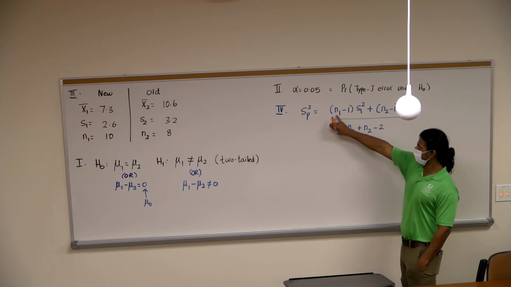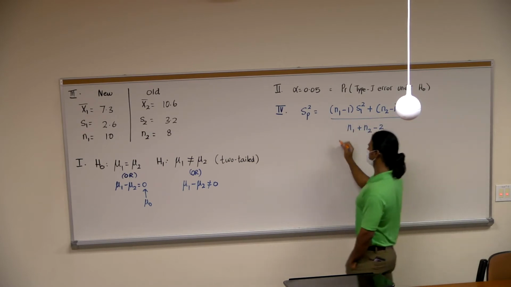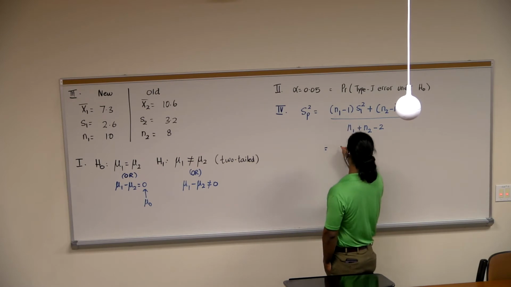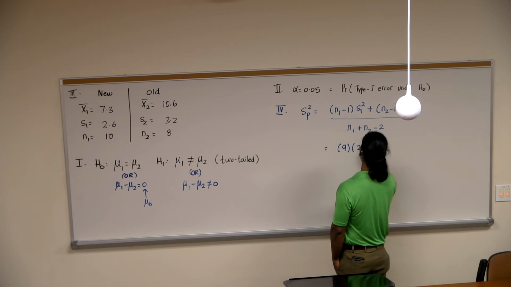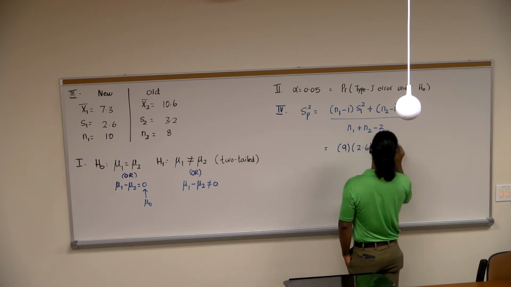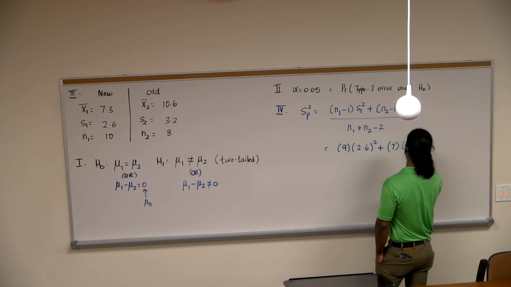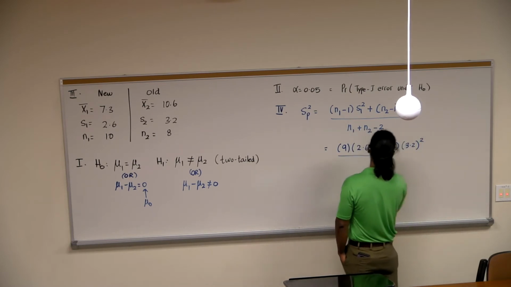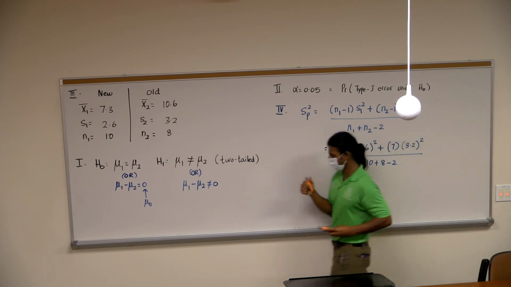Do we know the value of n1? n2? Yes. So 10 minus 1 is 9, s1 squared is 2.6 squared, 8 minus 1 is 7, s2 squared is 3.2 squared, divided by 10 plus 8 minus 2. Put it on the calculator and tell me what you get.